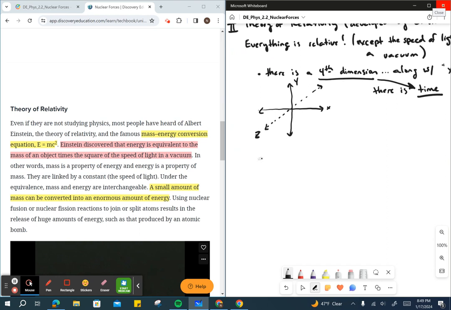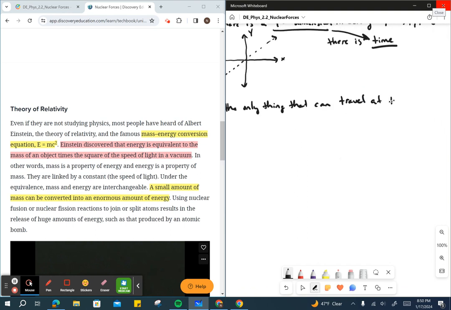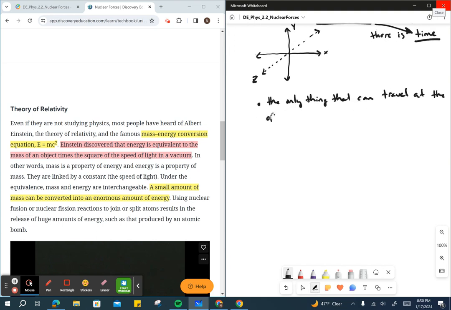He, in his theory of relativity, said that the only thing that can travel at the speed of light is light itself. We, as humans, will never be able to travel at the speed of light. The only thing that can travel at the speed of light is light.